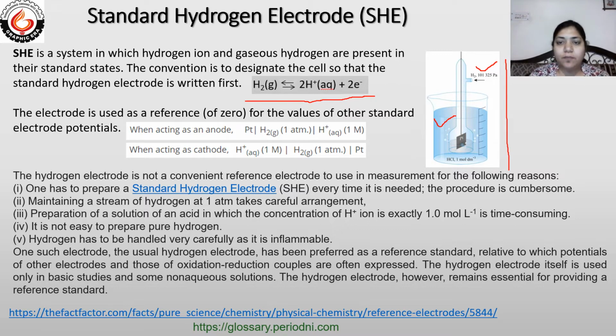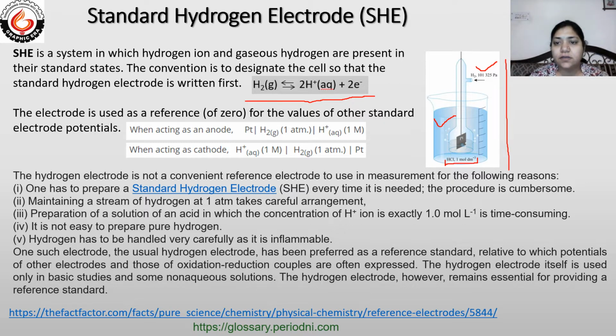A platinum electrode is dipped in the acid solution. This acid is 1 molar HCl solution. So H plus is present inside the solution and H2 we are providing from the outside. These two should be in standard state, means hydrogen at 1 atmospheric pressure and HCl at 1 molar concentration.